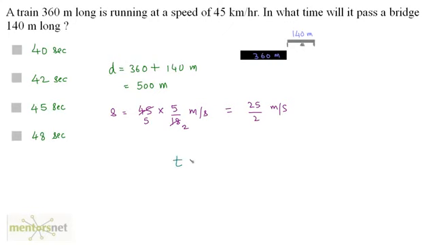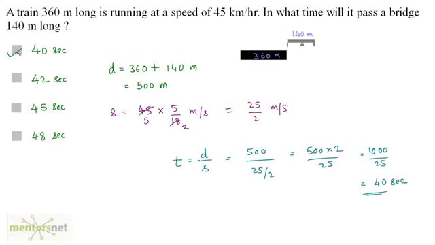Time is equal to distance upon speed, so 500 divided by 25 by 2, that's 500 times 2 by 25. That's 1000 by 25, which is equal to 40 seconds. So option 1 is the correct answer, 40 seconds.